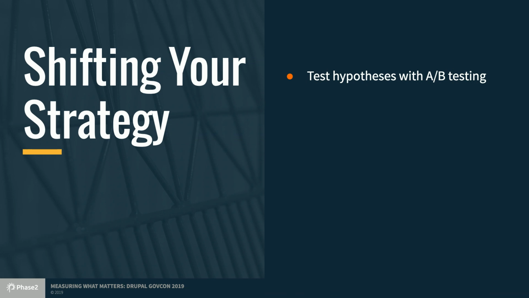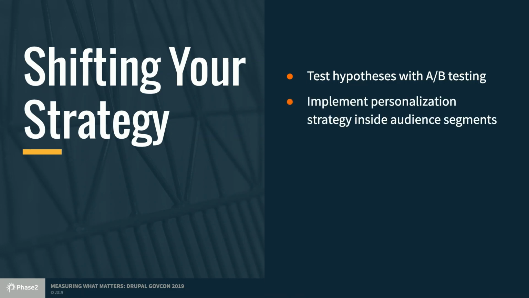Testing those hypotheses with A/B testing is one way to shift that strategy. We can watch that KPI change and that gives us a sense of if our strategy is actually working. If possible, we can implement personalization strategy inside those audience segments to get beyond those smaller aggregations of audience segments and approach something closer to true personalization.